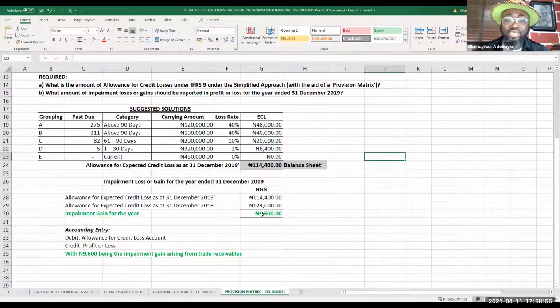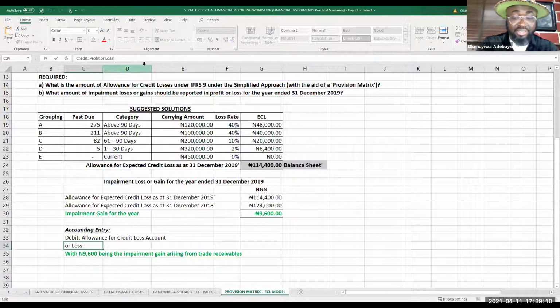Now, the entry to recognize impairment gain, which is a reversal of initially recognized impairment loss, is to debit your allowance for credit loss and credit your profit or loss by way of impairment gain, or what you call reversal of impairment losses.